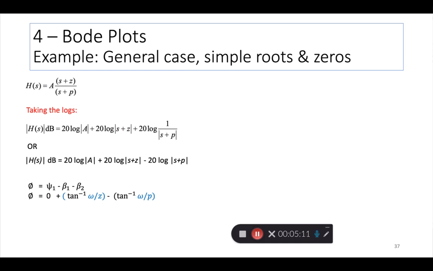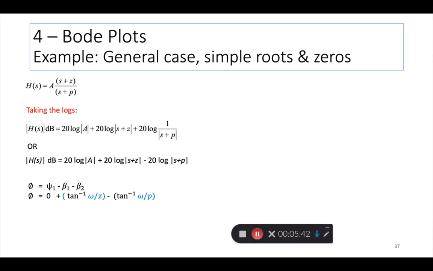In a general case of a still somewhat simple transfer function, as you can see, there is a constant term a, and then there's a zero on the top, s plus z, which is a zero at s equals minus z, and there's a pole in the denominator, s equals minus p. So that's how the s-domain transfer function would look.